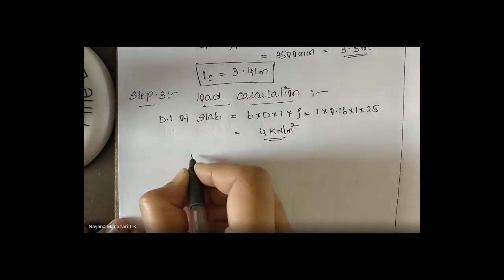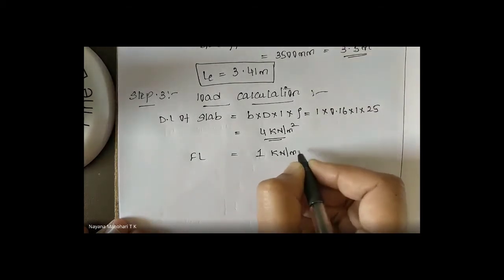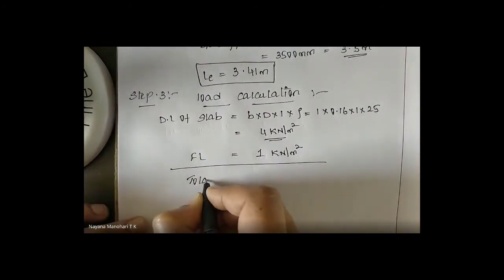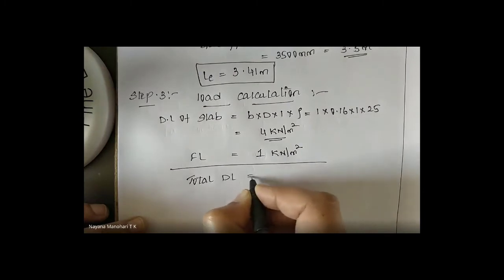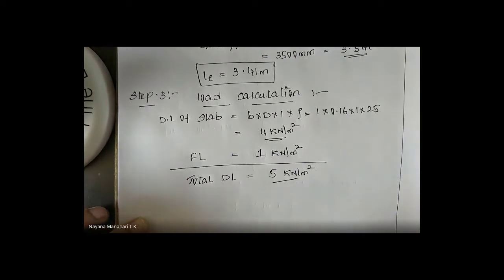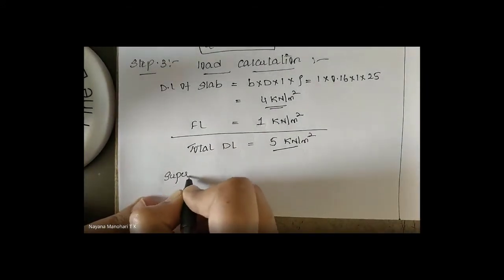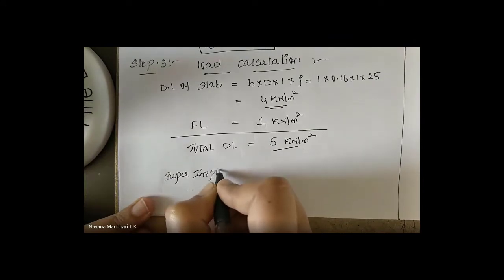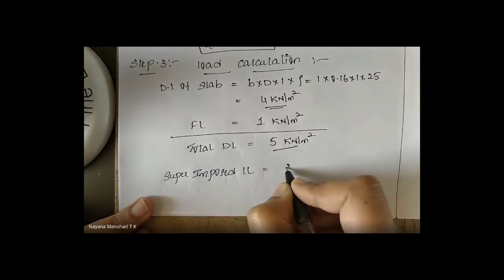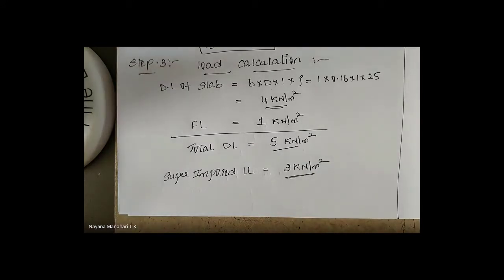Then add finishing load. They have given 1 kilonewton per meter square. Then calculate separately the total dead load. You will get it as 5 kilonewton per meter square, the total dead load. Similarly, superimposed live load they have given, that is 3 kilonewton per meter square.